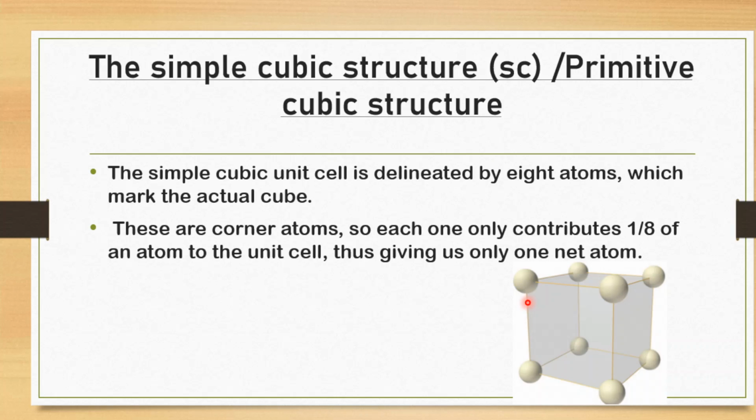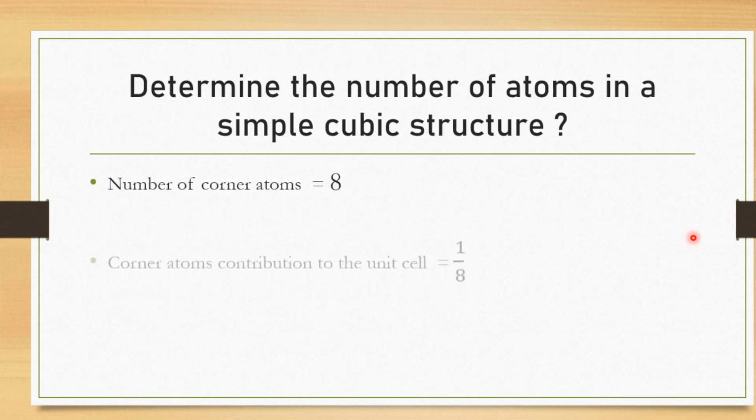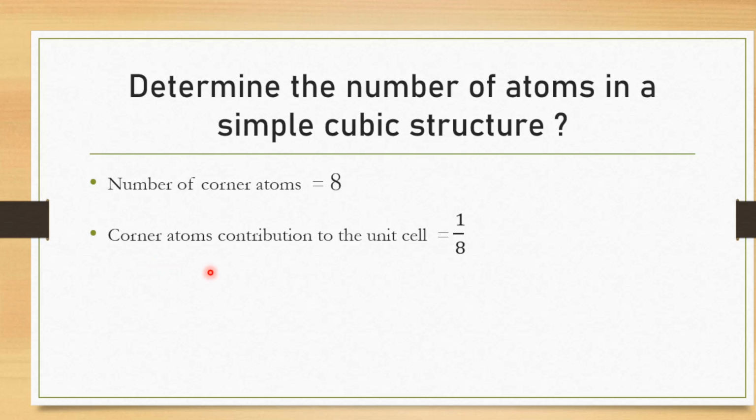So the contribution of this corner atom to this unit cell is 1/8. Here it is. Corner atom's contribution to the unit cell equals 1/8. Therefore, the number of atoms equals 1/8 multiplied by 8.